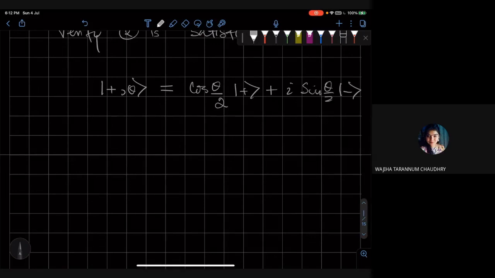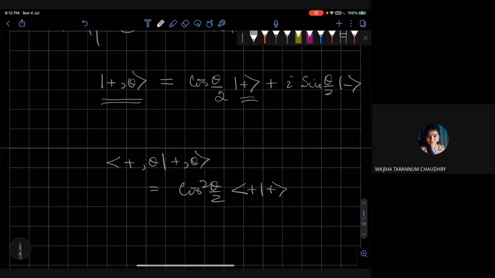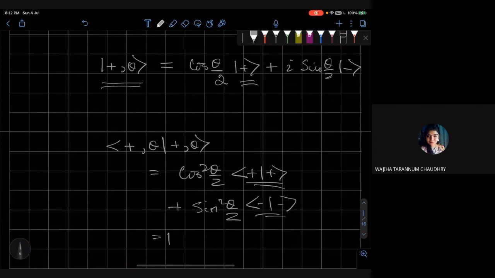Now let's make sure that this is normalized. This will be cosine squared of theta/2 plus sine squared of theta/2. There won't be any cross terms because these are orthonormal. These guys are normalized, so sine squared plus cosine squared is 1.